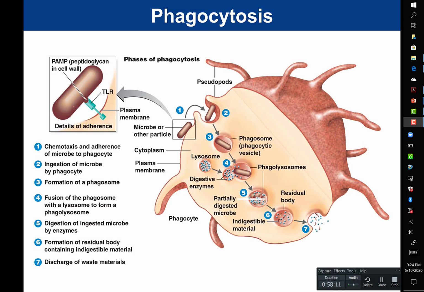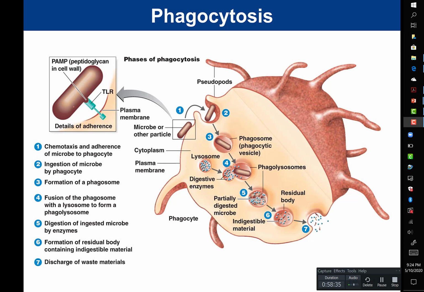These are signal molecules found on microbial surfaces that are recognized by phagocytes and other defensive cells. These molecules are shared by many organisms, but are not present in mammals. And so this is what allows the immune system to recognize them as foreign.